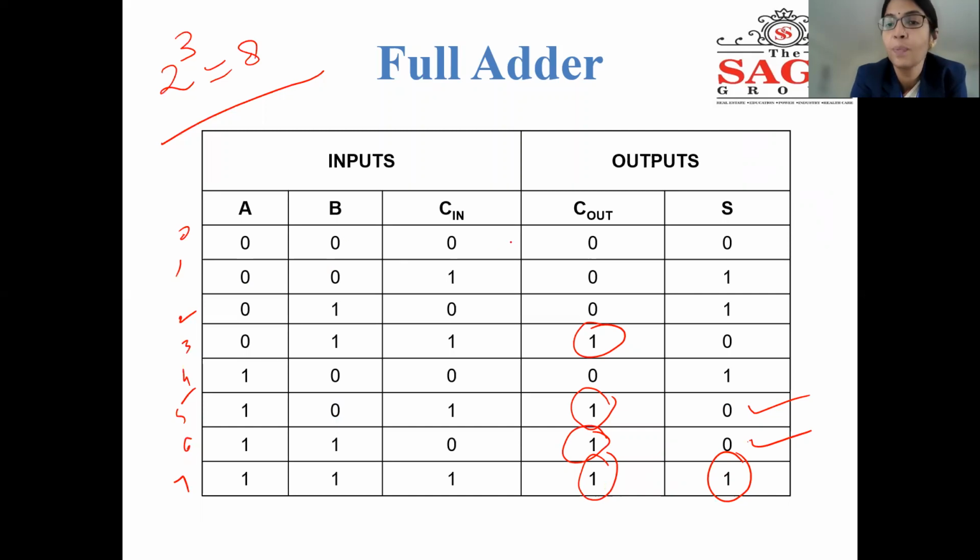0 plus 0 plus 0: sum will be 0, carry will be 0. 0 plus 0 plus 1: sum will be 1, carry will be 0. 0 plus 1 plus 0: sum will be 1, carry will be 0. 0 plus 1 plus 1: sum will be 0 with a carry 1. 1 plus 0 plus 0: sum is 1 and carry is 0. 1 plus 0 plus 1: sum is 0 with a carry 1. 1 plus 1 plus 0: sum is 0 with a carry 1.